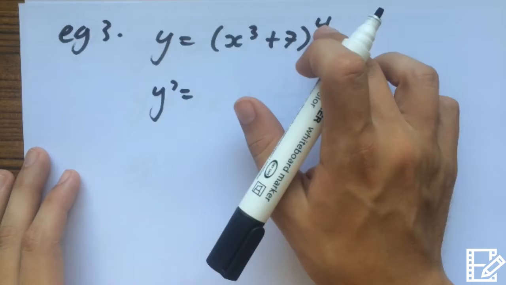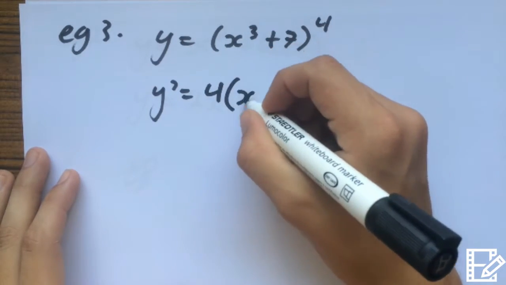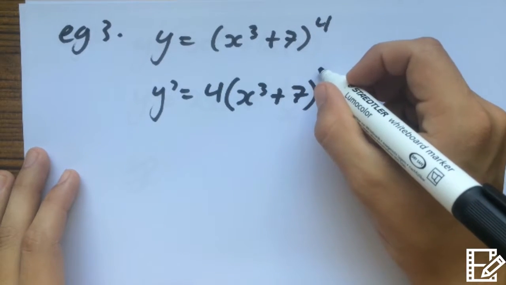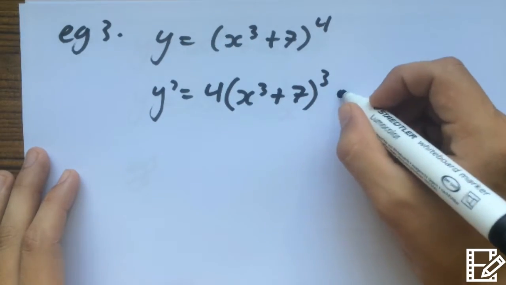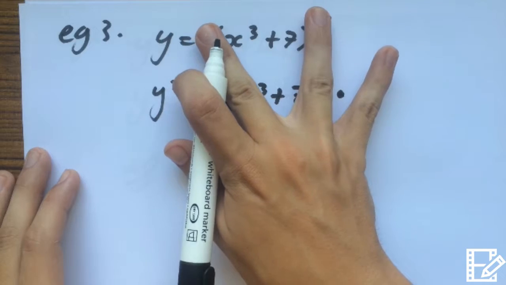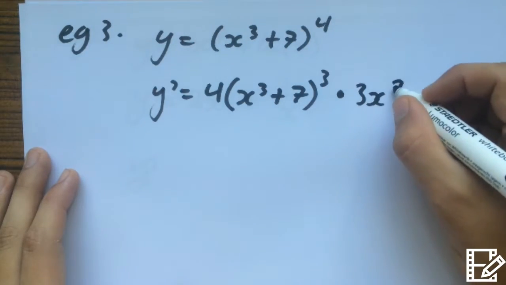Derivative of the outside, bring the 4 down, multiply it, keeping the inside the same, and taking 1 off the power, and then multiplying that all by the derivative of the inside. If x to the power of 3 plus 7, the derivative is 3x to the power of 2.